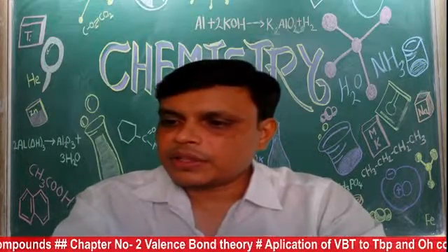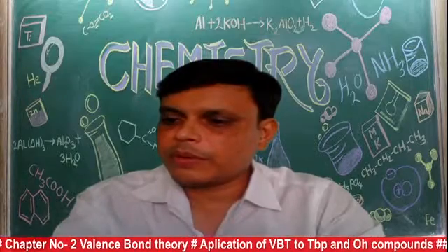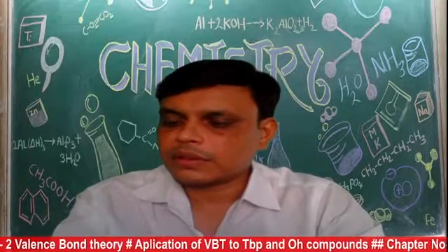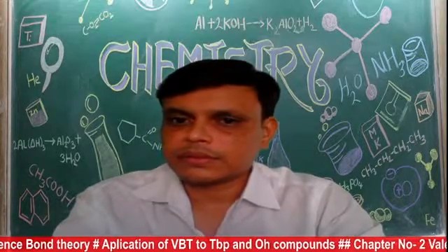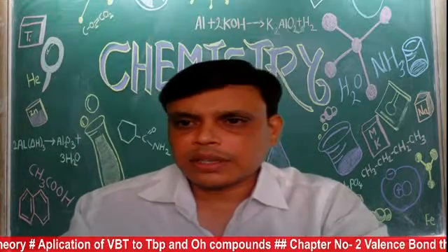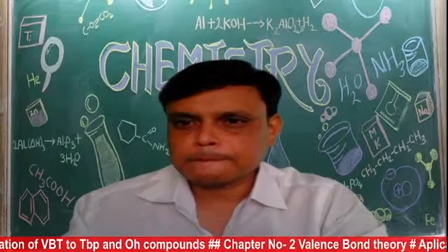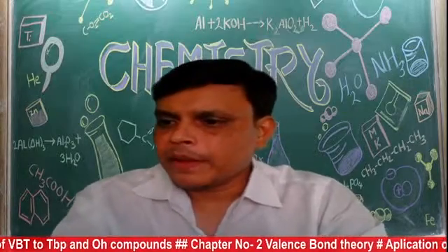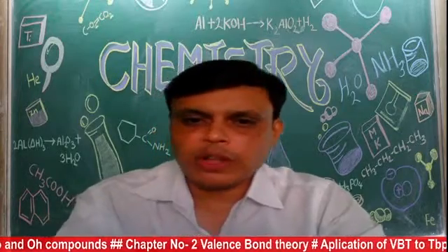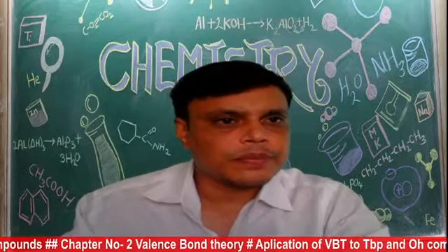Sir, in the FeCO5 complex, the electrons from the 4s orbital went to the vacant d orbital. What was Krishnapriya's problem? Let me read. Where did the electrons get energy from? Go to FeCO5.